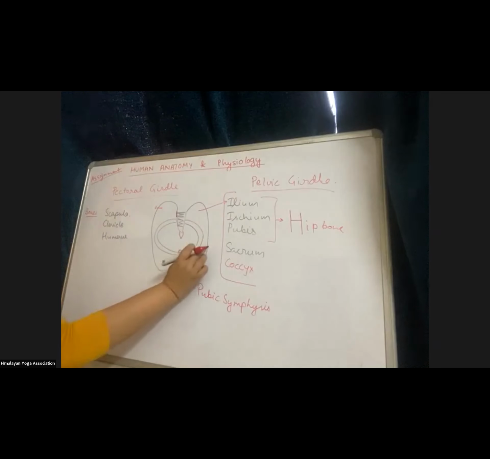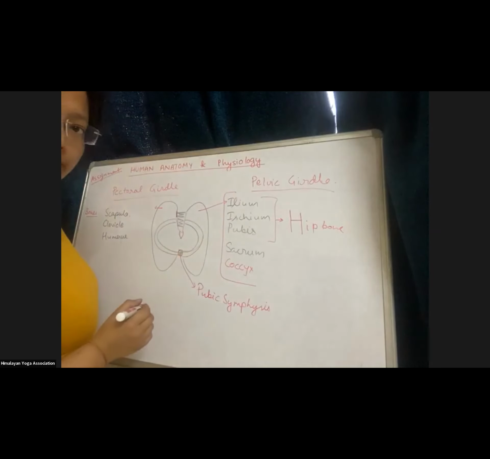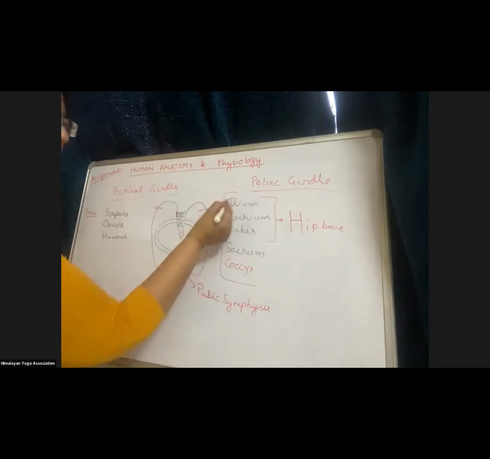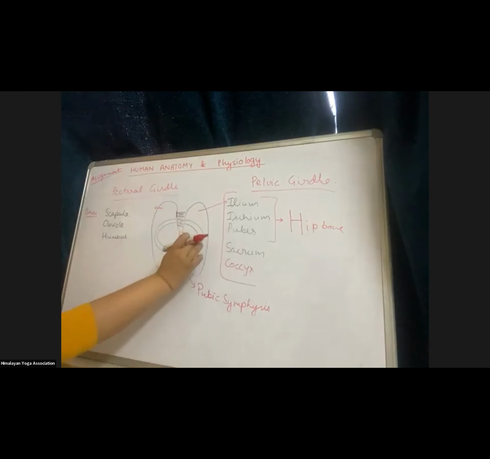It is a part of the hip bone. Now tell me from these three, which is this part? This bottom part, inferior, when you sit on a chair. Yes, very good.